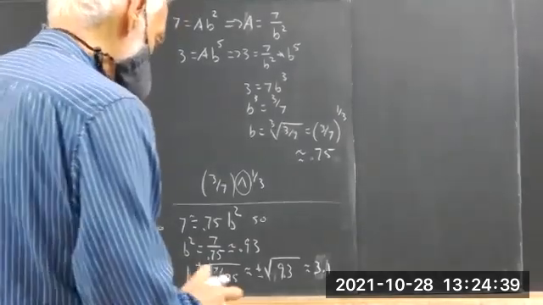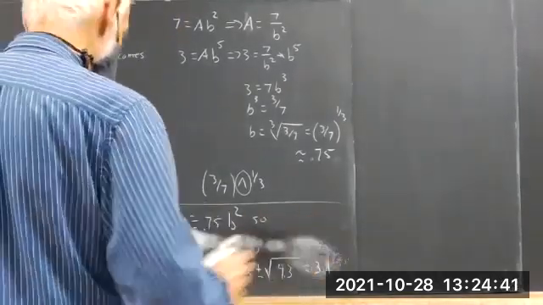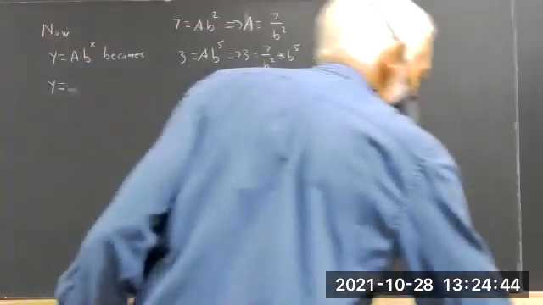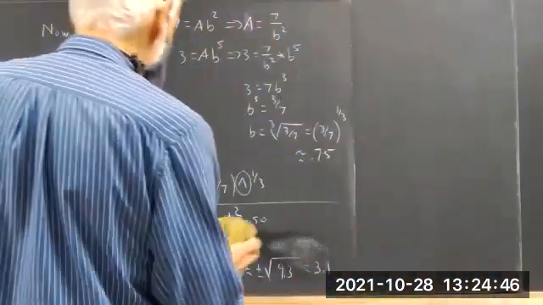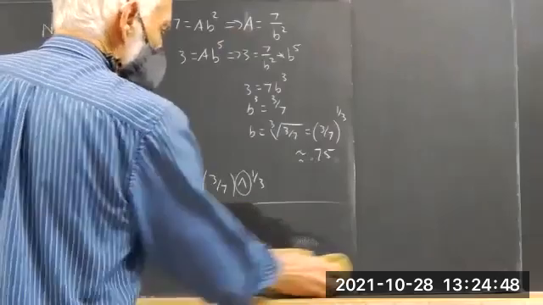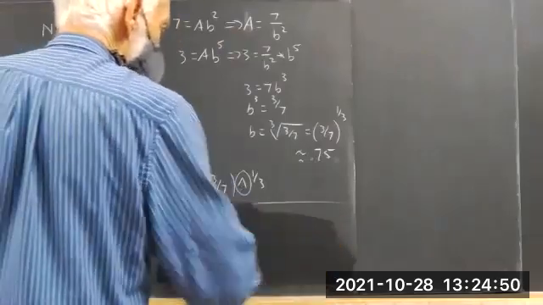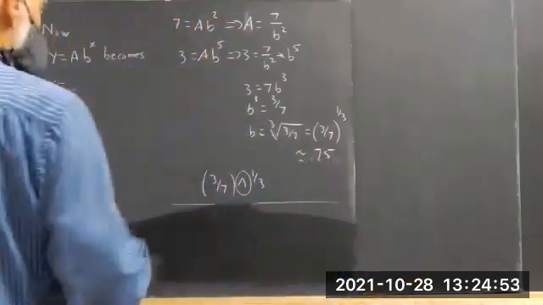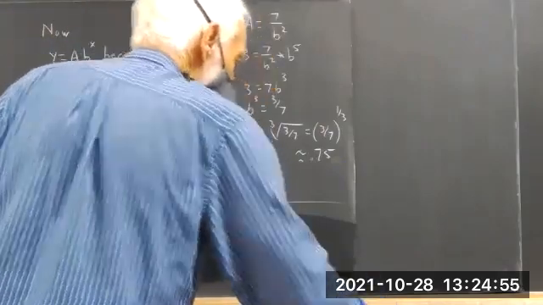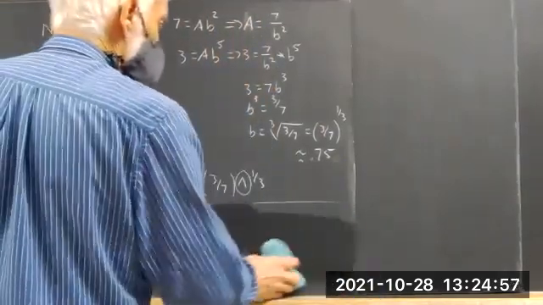Okay. What I did here wasn't right. Be careful in my substitution. I solved for B again, and I need to be solving for A. So we're doing this correctly.